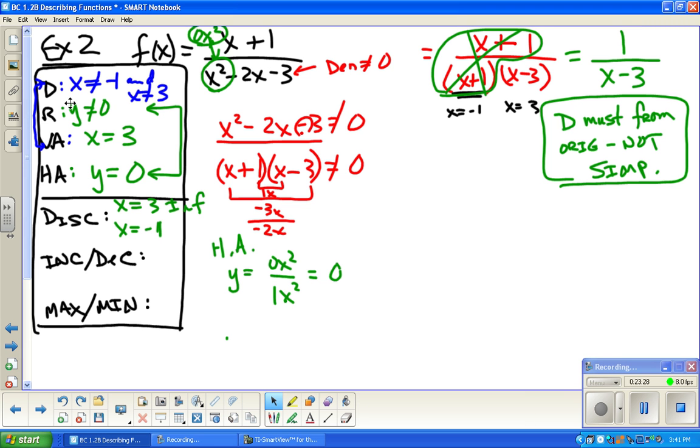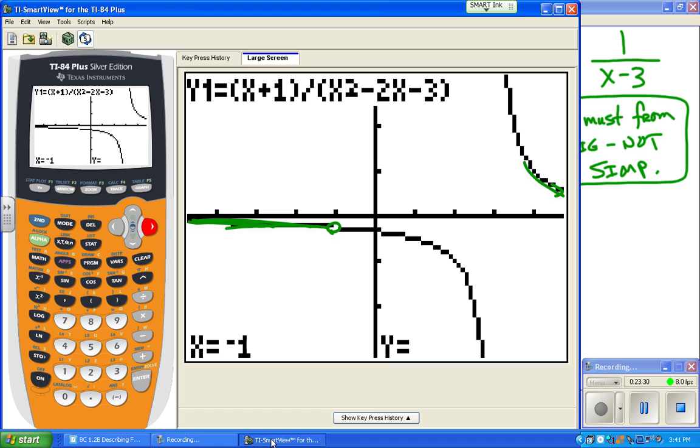But there's one other little issue here, and this is the tricky part. It's this. There's no point there. I know you're saying, what's your point? Thank you. So at x equals -1, there was a discontinuity, a point discontinuity. Well, that point actually has a y value too, or doesn't have a y value.